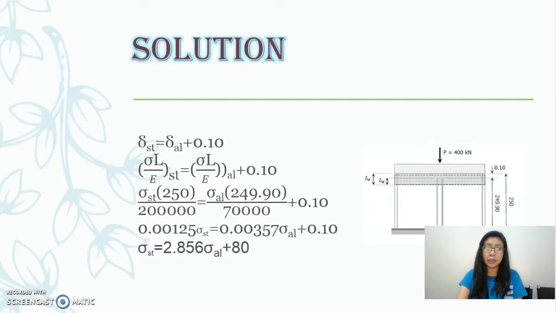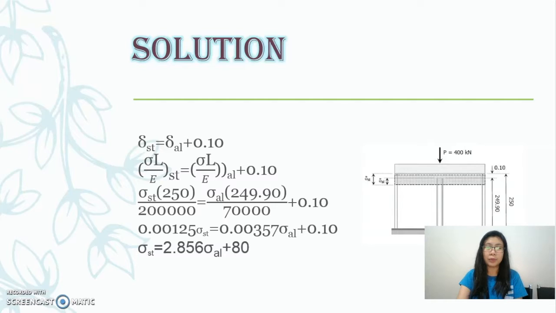Then, the deformation formula is PL over AE, and the stress formula is the force over area. If these two equations were to be combined, we would form a formula of stress times length all over its modulus of elasticity, and that would be equal to its deformation.